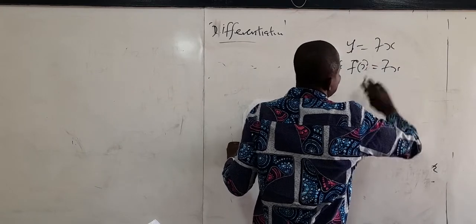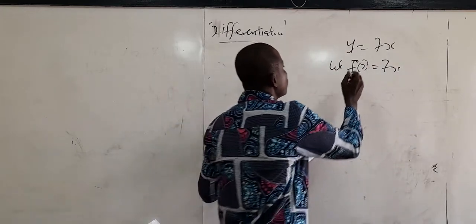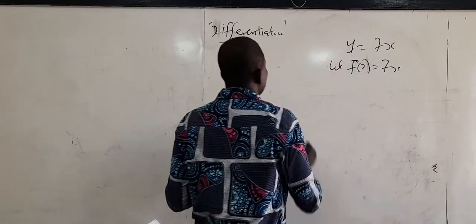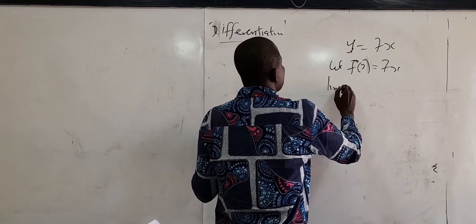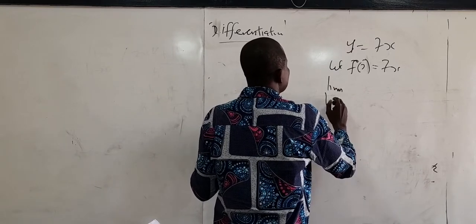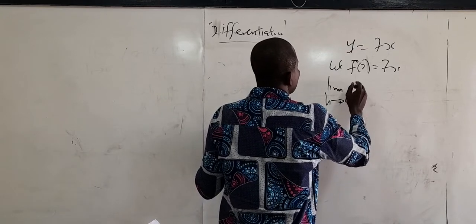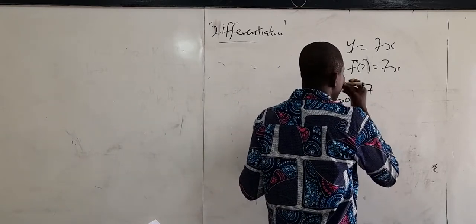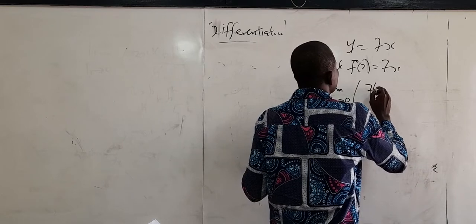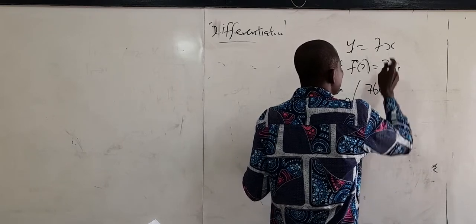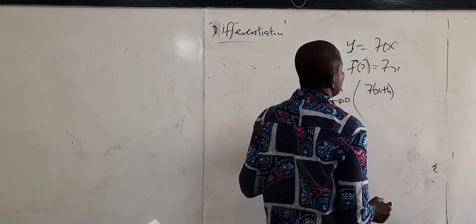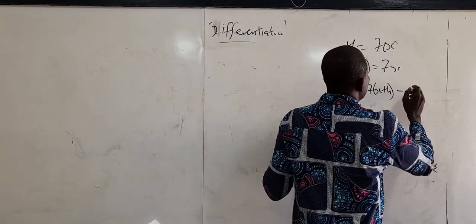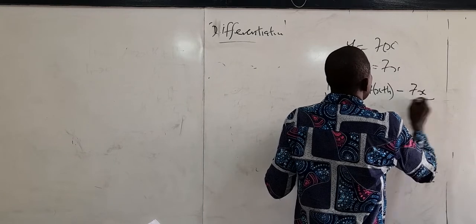I'm repeating, the original thing is the f(x) now. So over here, we say the limit as h approaches 0, we have 7 times x plus h. Wherever you see x, we attach h to it. Minus the original f(x), which is 7x, all over h.